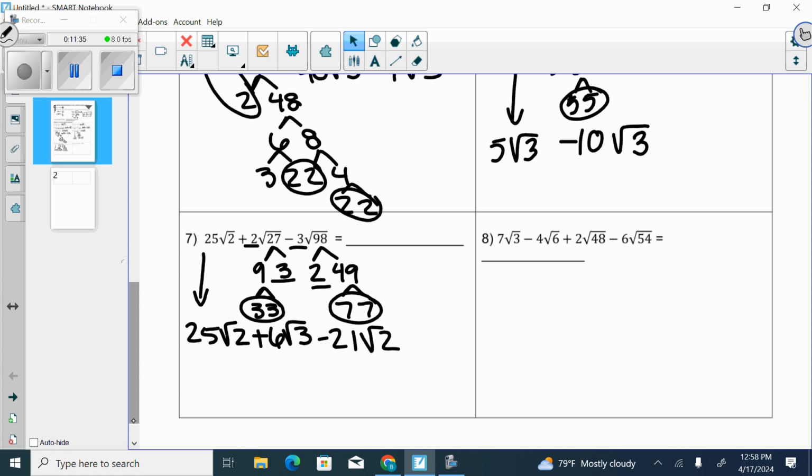So you'd add 25 and 72, or wait. There we go. So what is 25 minus 21? 4. So I have 4 square root of 2. And then 6 square root of 3.